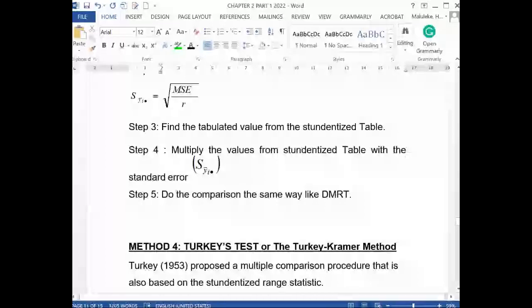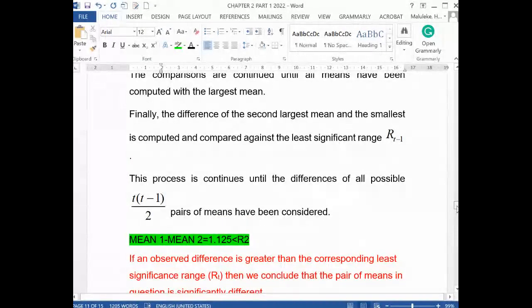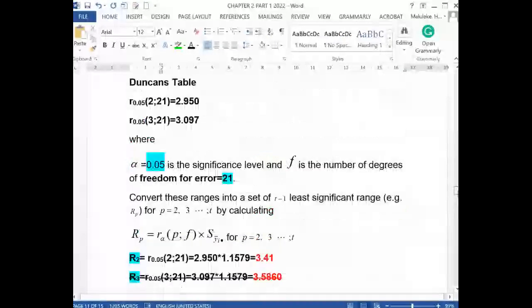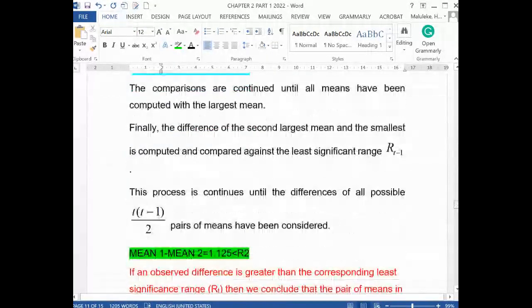If you have time, go through the notes before class. It will help you to understand better. Because today is a must. We must conclude this chapter 2, part 1. Tomorrow I must go to chapter 2, part 2. Even chapter 2, part 3, I think we can even cover it tomorrow.